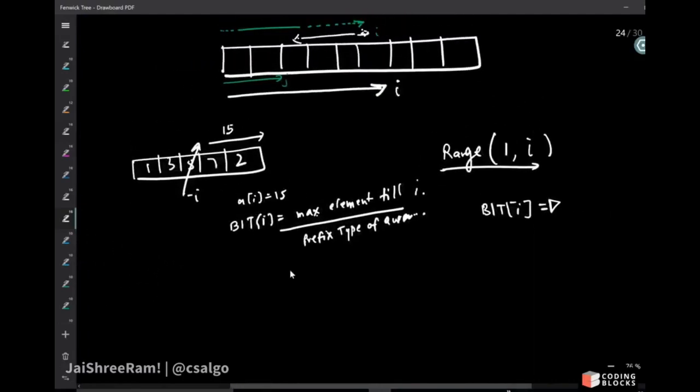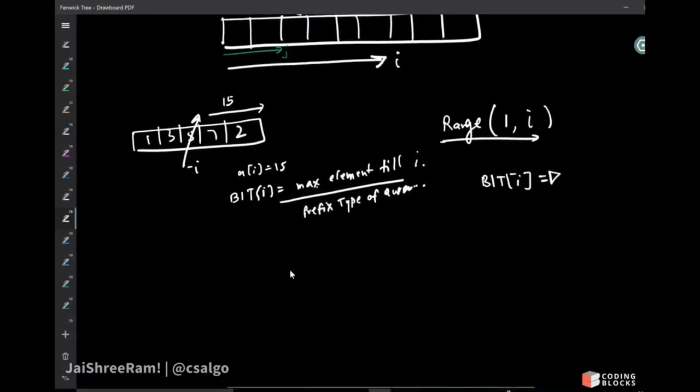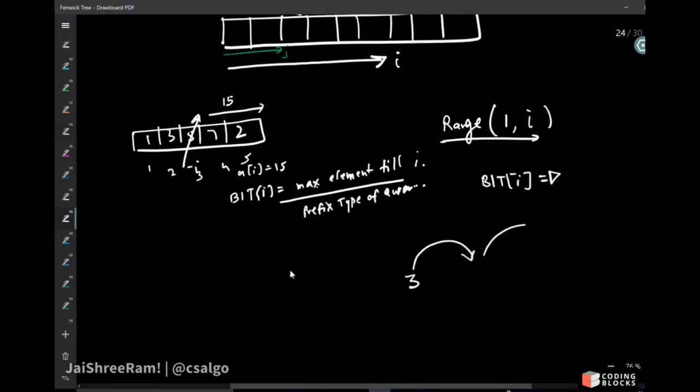Now let us go through the code. Suppose you update this element, 1 2 3 4 5. If you update 3, then you have to update all the indices which include 3 in the range. We have seen in the previous examples how this is being done.